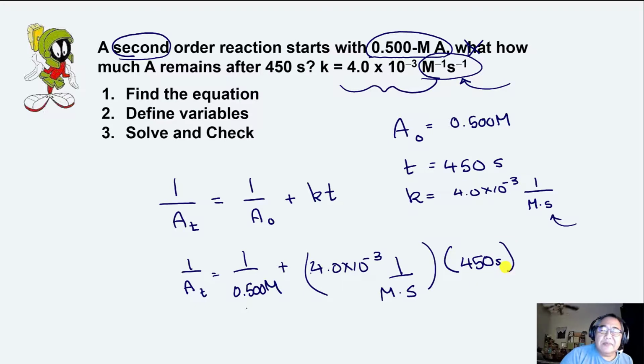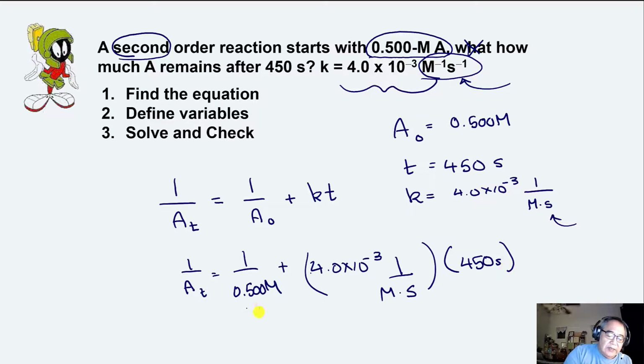One place people get caught is by not looking at the units and recognizing that they don't match. You have to make sure the units in your rate constant and the units for your time match. If they don't, you need to change the units in your time. That's usually the easiest thing to do.